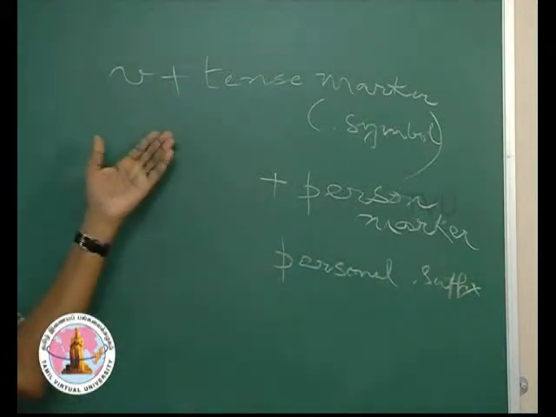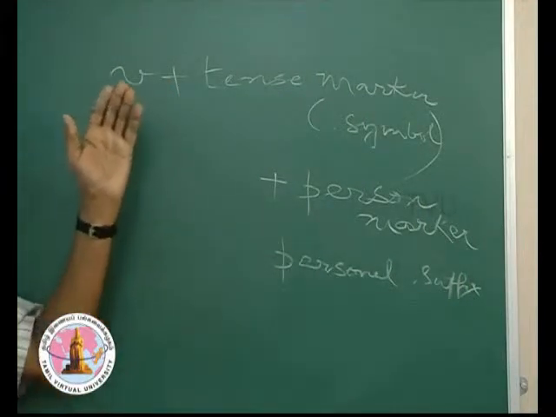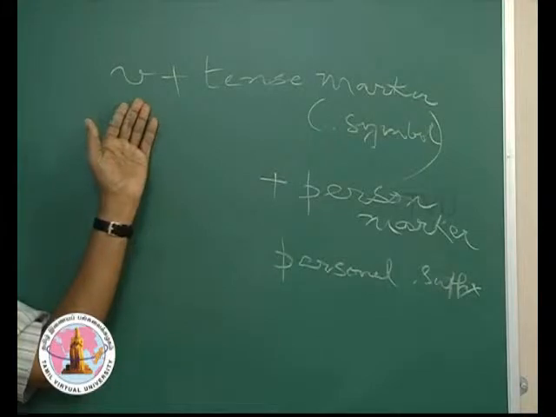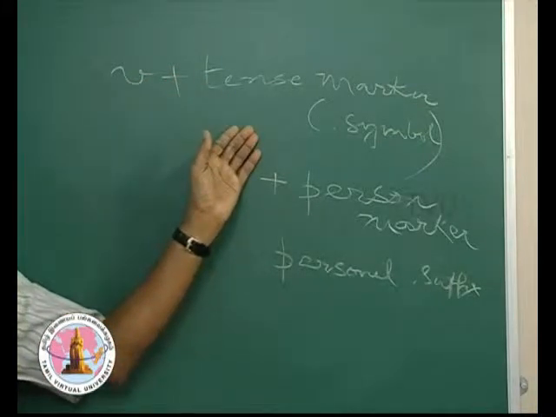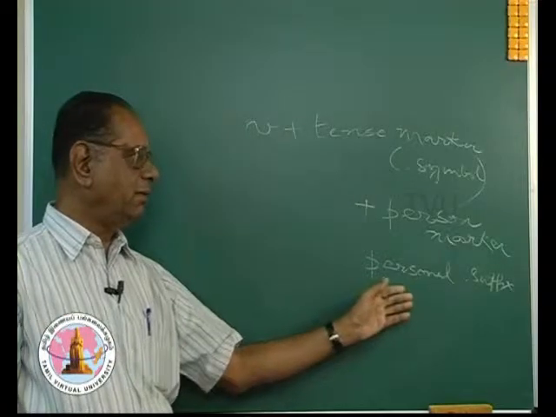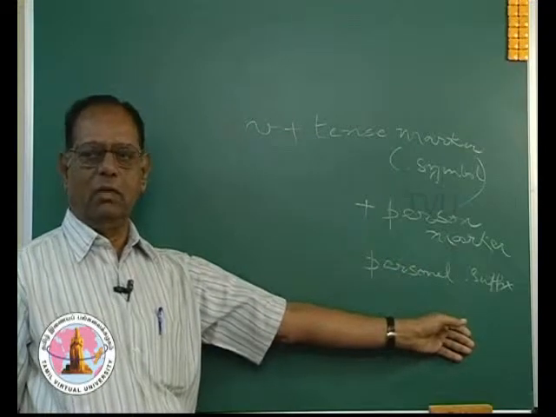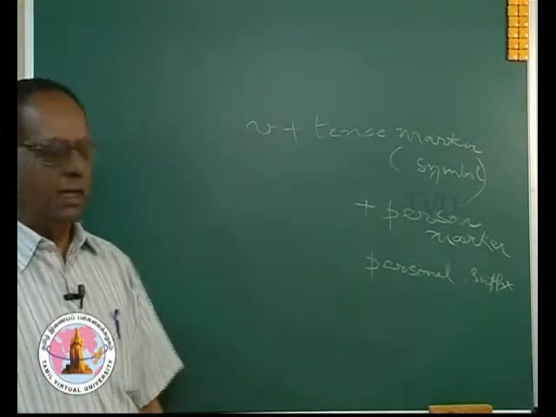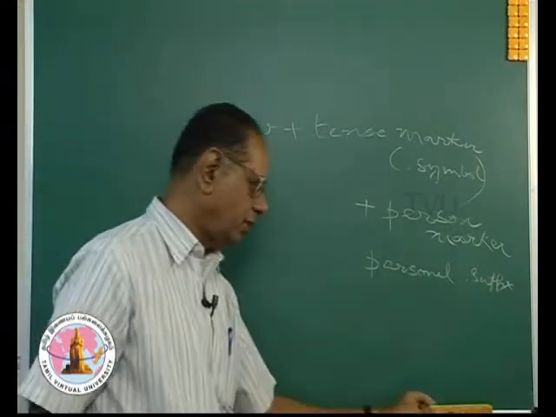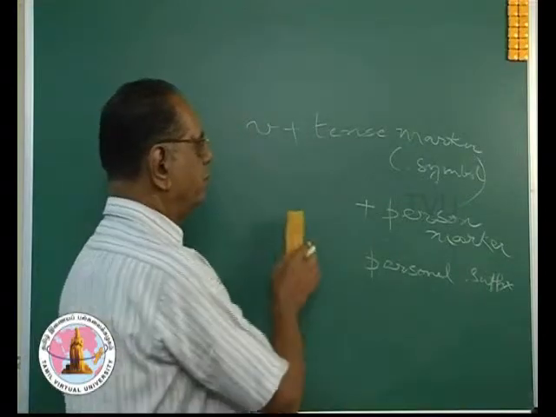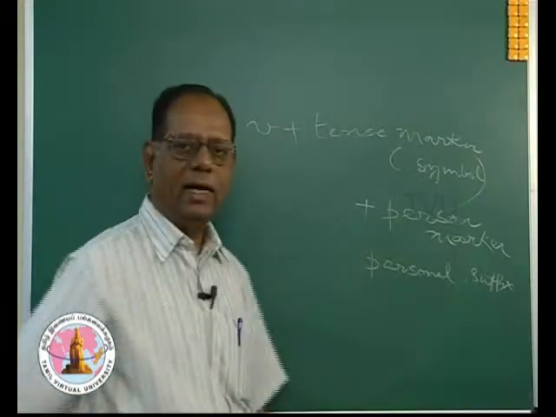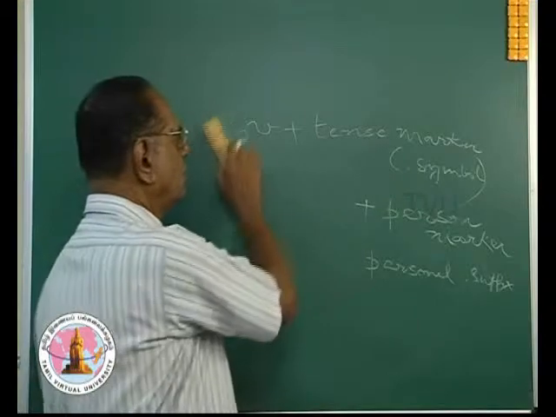A finite verb in Tamil must have a verb, the tense marker and the personal suffix. Only then it can be a complete verb, a finite verb. So we shall take up these two things now.